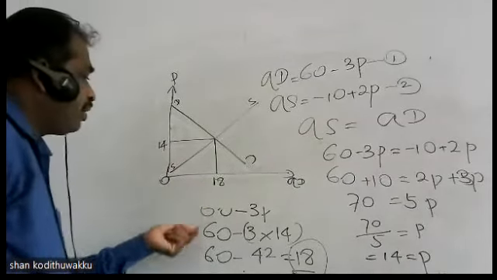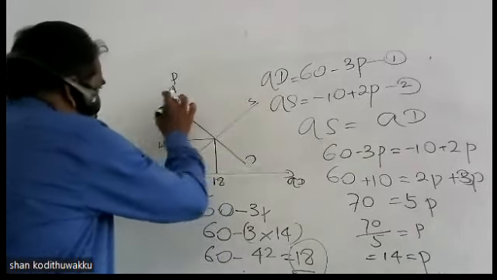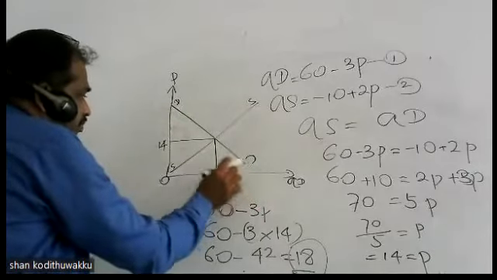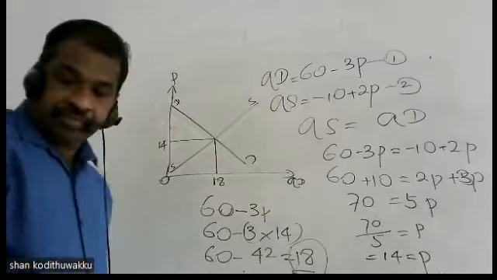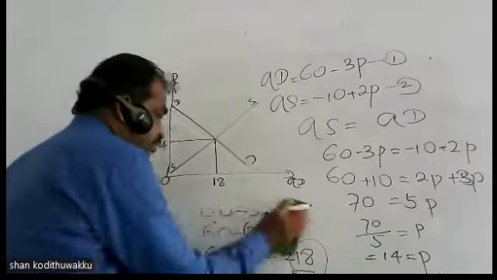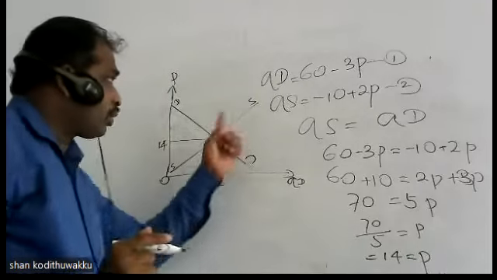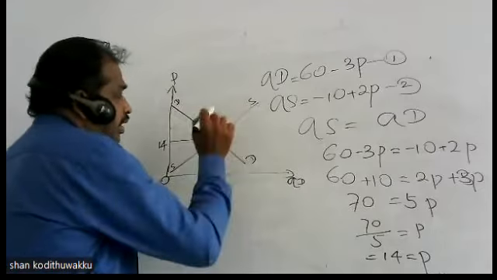Then, by using the given two equations, you can find maximum demand, maximum quantity demanded, and maximum price. By using these two equations, you can find maximum price and maximum quantity demand. Right.